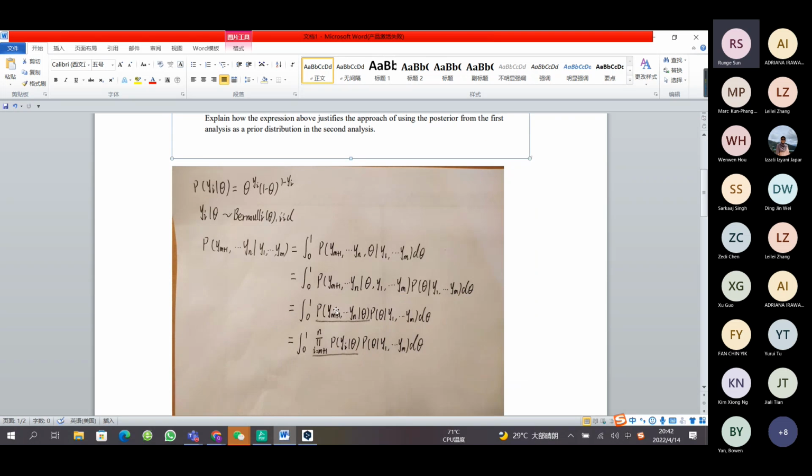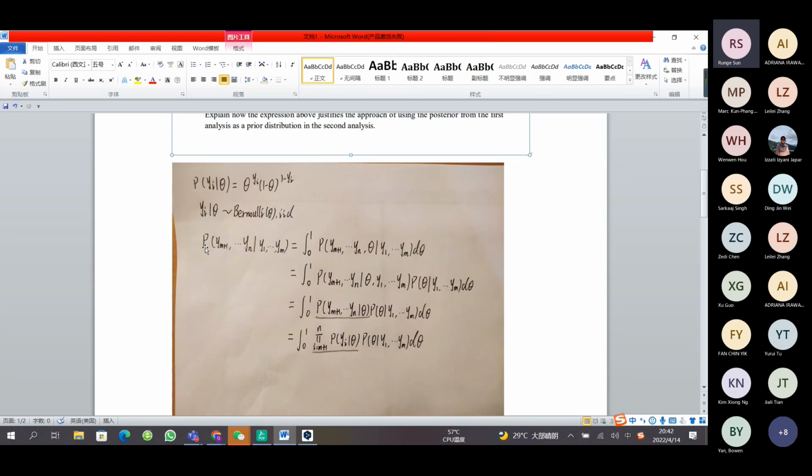So we know that p of ym plus 1 to yn given y1 to ym is a predictive distribution. So using the law of total probability, we have this, and after transformation, we got these formulas.